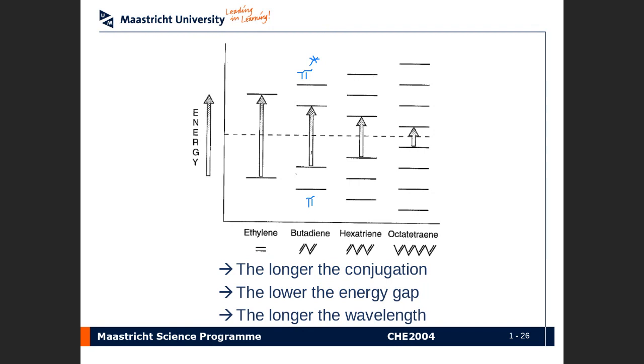But the energy transition that you're going to see is this one in the middle here, from the last pi to the first pi star molecular orbital. And that energy level gets smaller and smaller as the length of the conjugation increases. And that's an interesting effect.